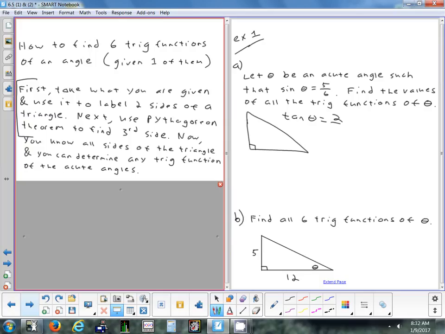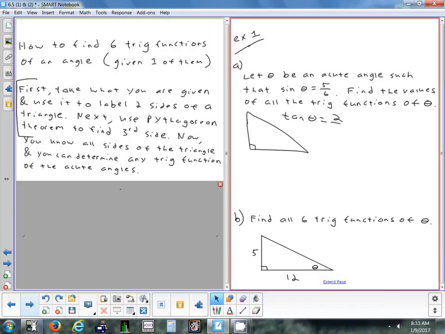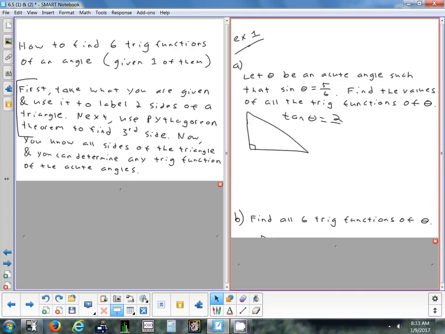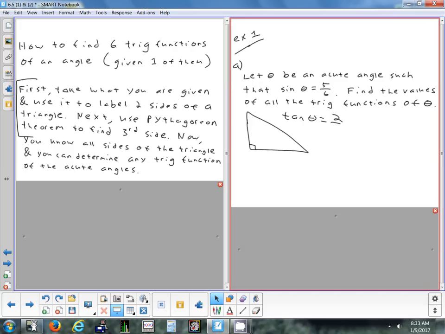All right, so let's go over here. And they said, this time the sine is 5/6. So let's put theta in the lower right. So I'm going to put theta there. And as Amanda said, sine is opposite over hypotenuse.